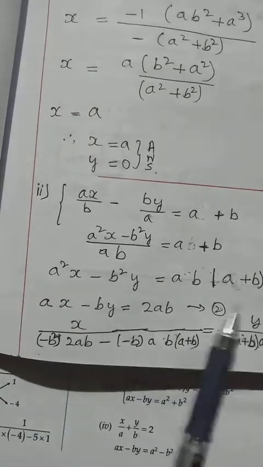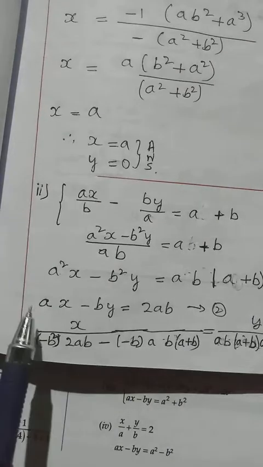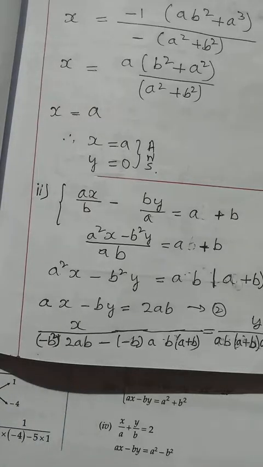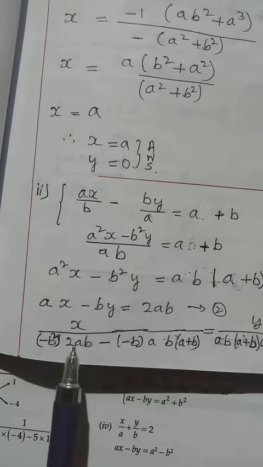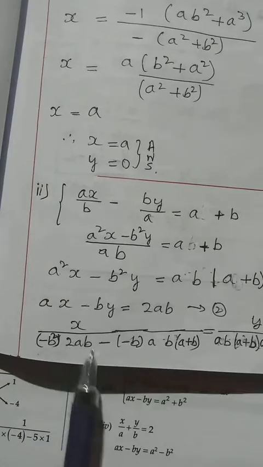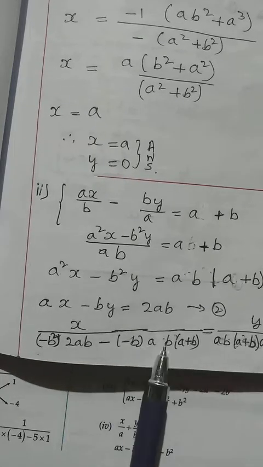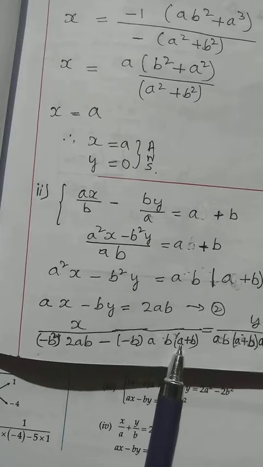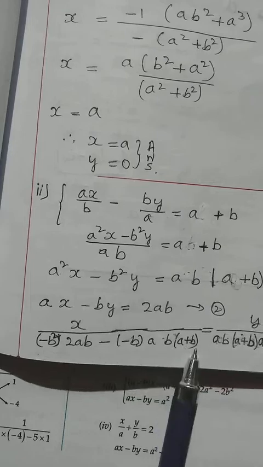Then we take the other side here, so it will become minus 1 by a square b minus ab square.